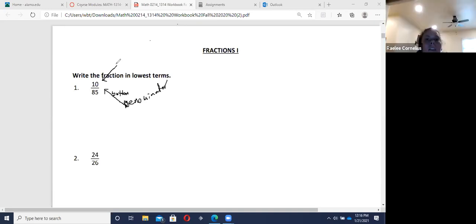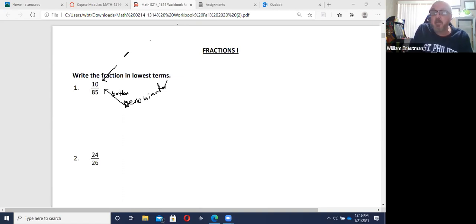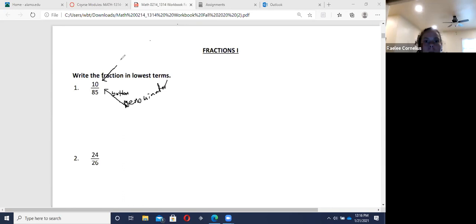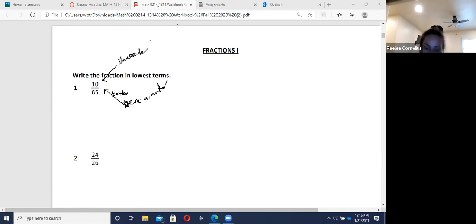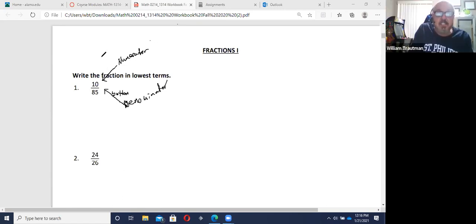Yes. Okay, and the harder one is the top. Some people forget that one. Numerator. Most people forget that. Okay, the top is called the numerator, I often just call it the top, and the bottom is the denominator.